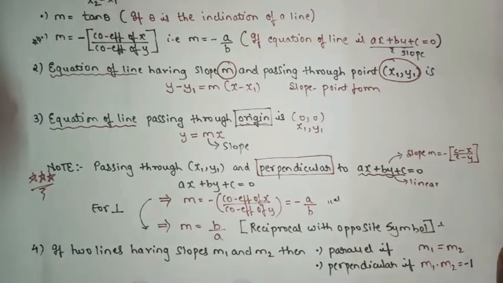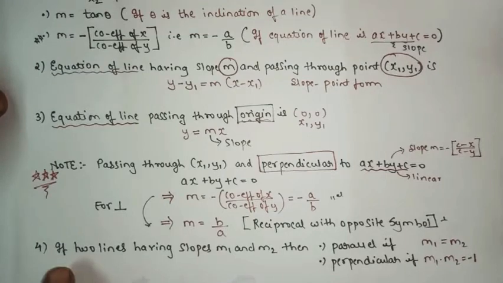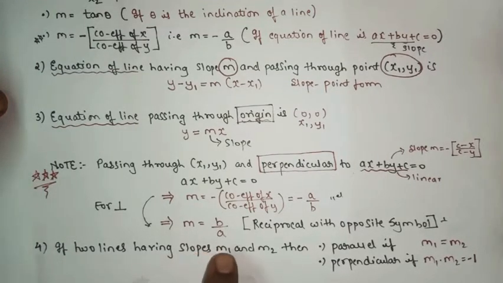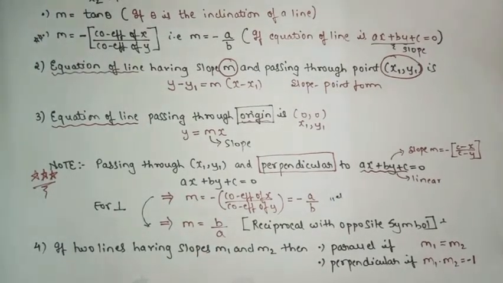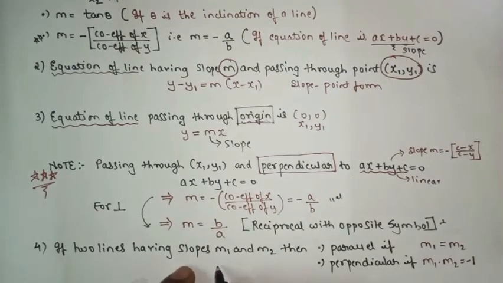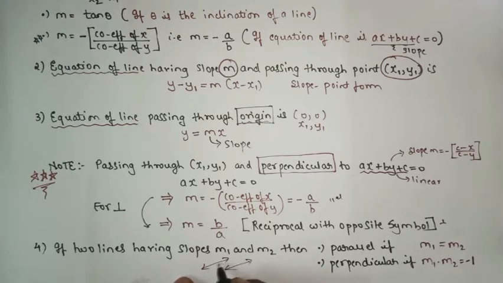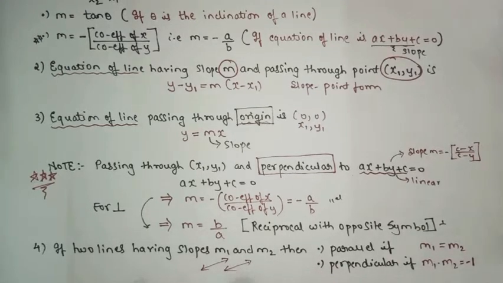Now we'll move on to the next one, that is point number 4. If two lines have slopes m1 and m2, suppose we have two lines, we'll take the slope for the first line as m1 and for the second line as m2.